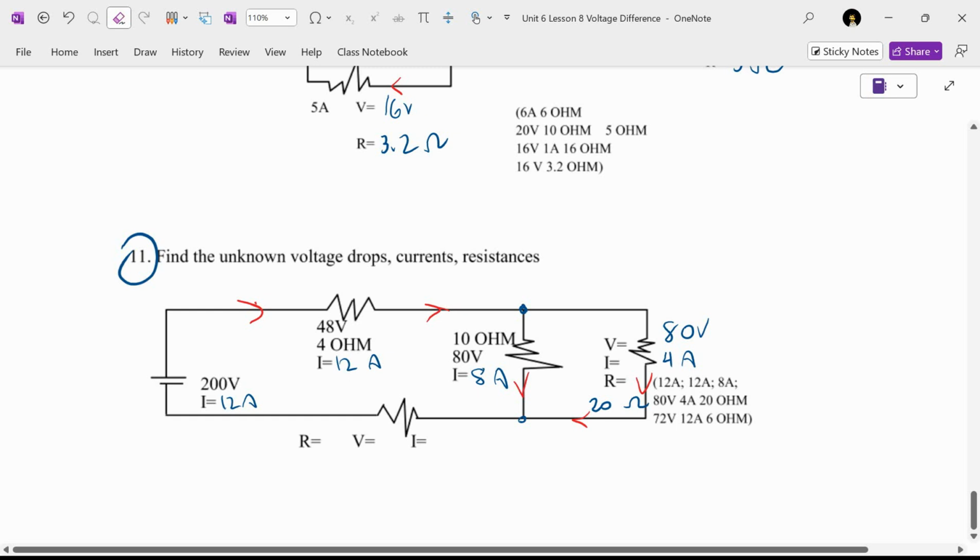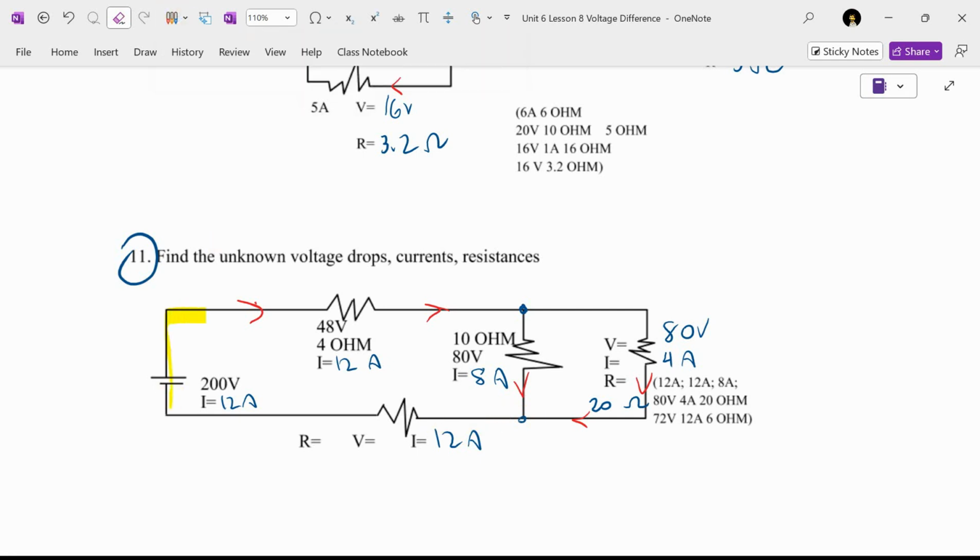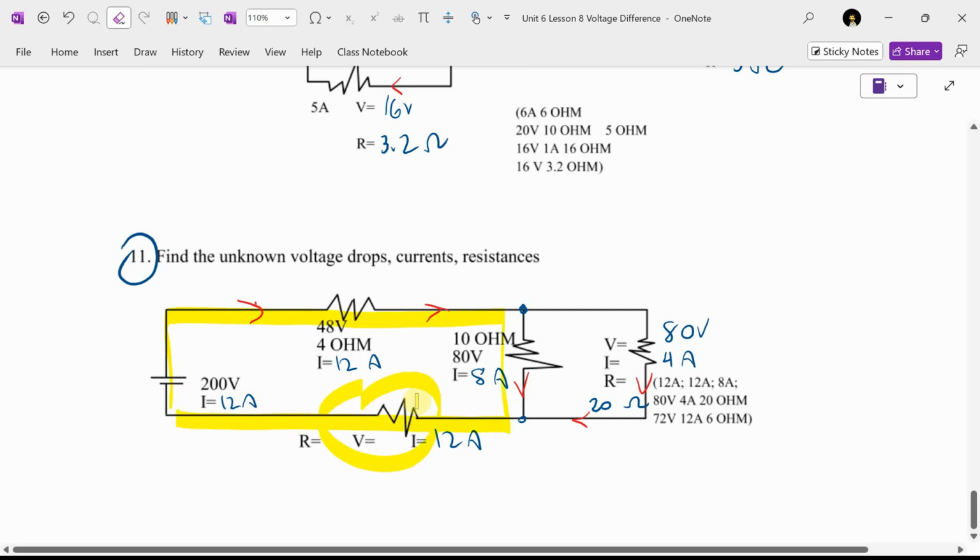That was not good. Bottom one. Oh, I know the current. It's back to 12 amps because everything is rejoined and the total current's going through there. I can figure out the voltage if I ski this run. Gain 200, lose 48, lose 80. Whatever's left must be here.